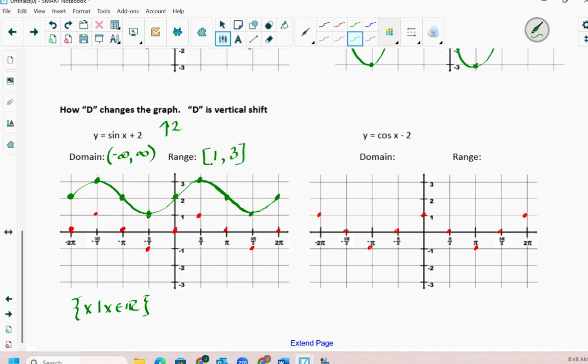So guys, those red dots, those are my cosine parent graph dots. All right, guys, and then we're going to go down to the whole graph.